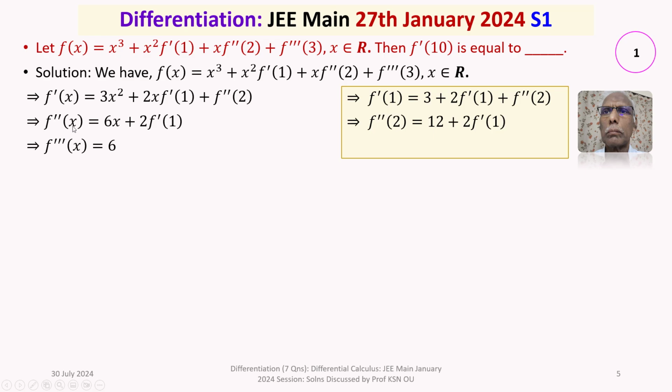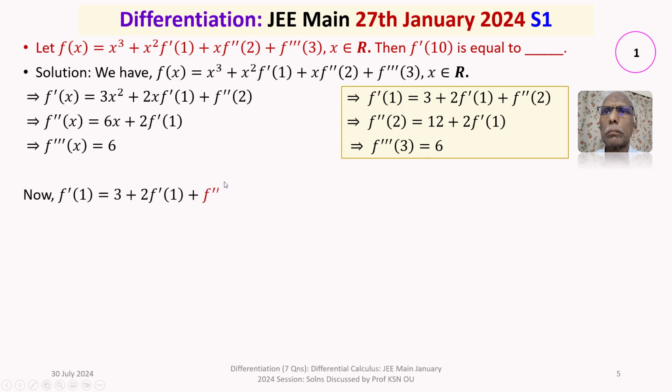Put x is equal to 2 in this. f double prime 2 is equal to 6 into 2, 12 plus 2 times f prime 1. Now f triple prime, when x is equal to 3, it is 6 only because f triple prime x is constant. Agreed. Now the idea is to get the values of f prime 1, f double prime 2, f triple prime 3. We take the first equation.